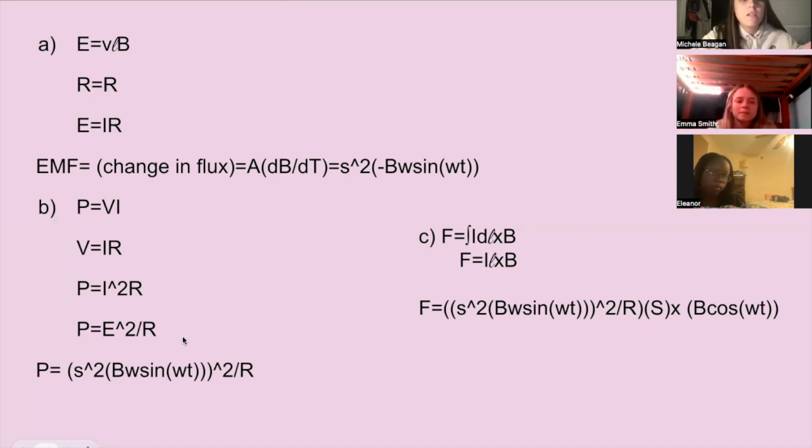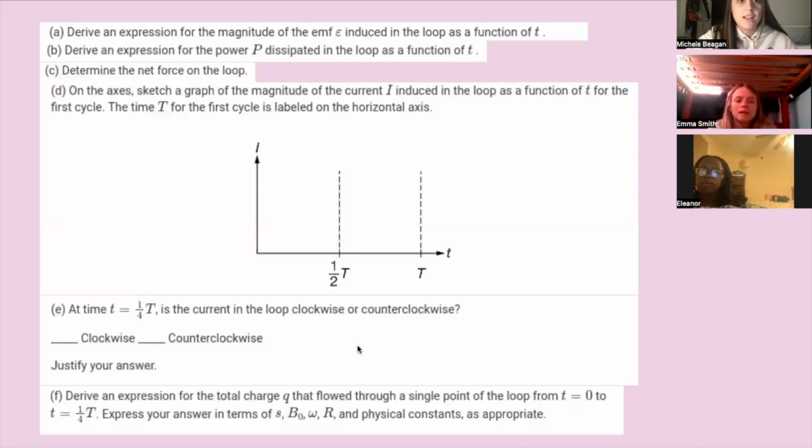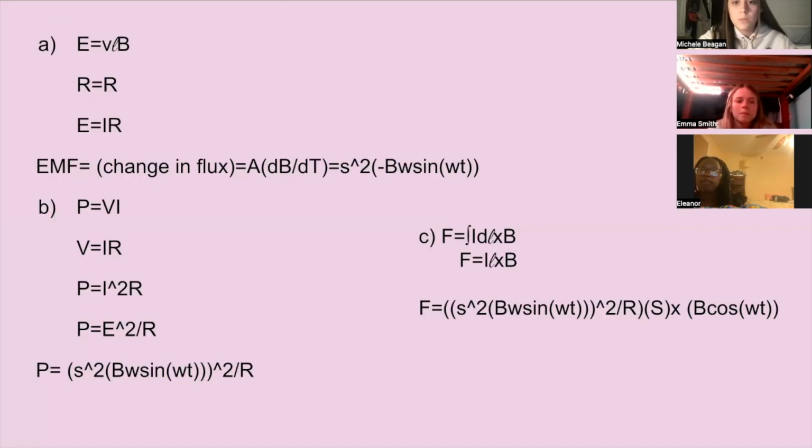We already found the EMF in the previous equation, so you just divide it by R. And then for C, you're finding the net force on the loop. We know that force is the integral of I dL cross product B. So you integrate it to get IL cross product B, and then you just put in all your known values, and that's how you get there.